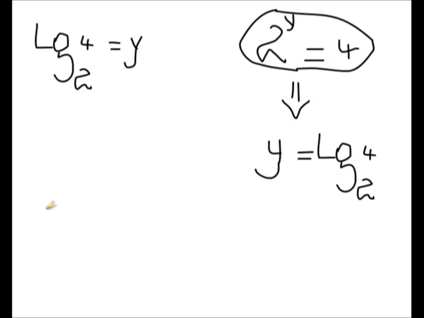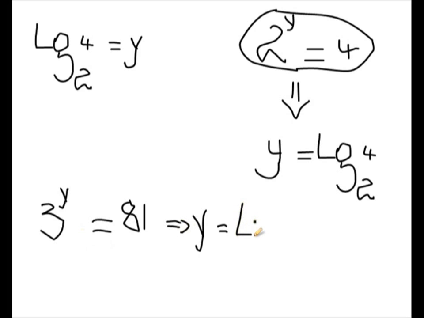Let's say if you see 3 to the power of y equals 81, you can say y equals, to what power do I need to raise the base? The base here is 3. So y equals log base 3 of 81.